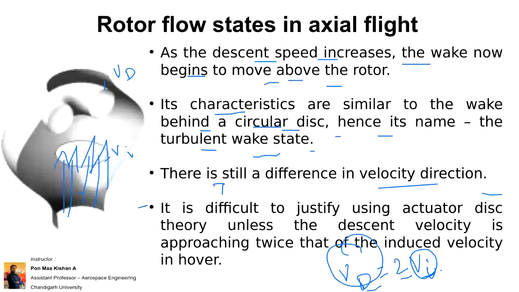Until the velocity of descent reaches 2 times the induced velocity, the momentum theory cannot be applied. Suppose the velocity of descent reaches twice the induced velocity, then we can say that momentum theory for descent is applicable. So I hope you understand the three states: the normal working state, the turbulent wake state, and the vortex ring state, and those characteristics, whether momentum theory will be used or not.